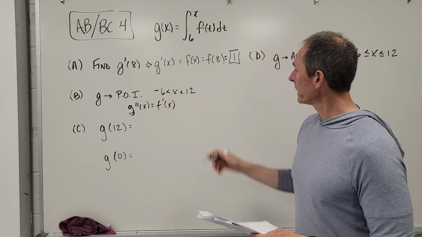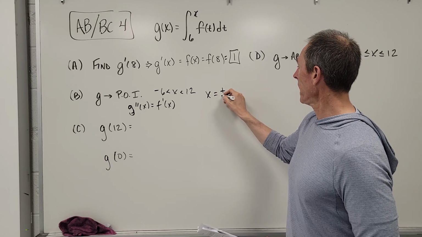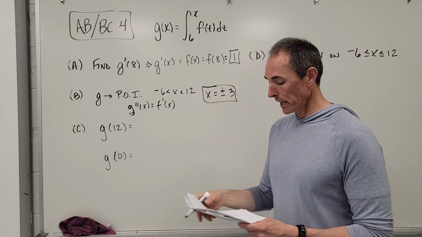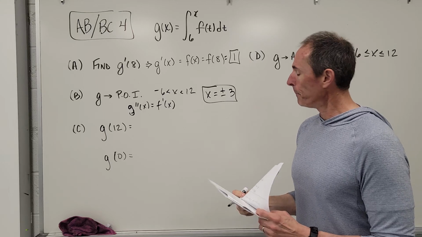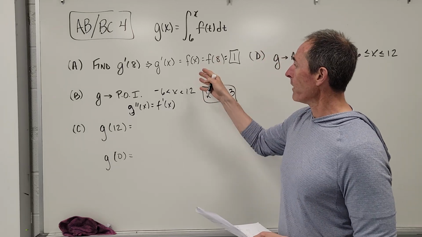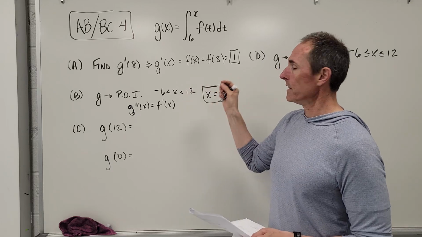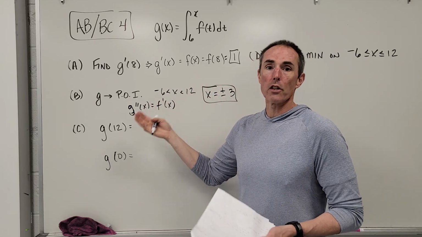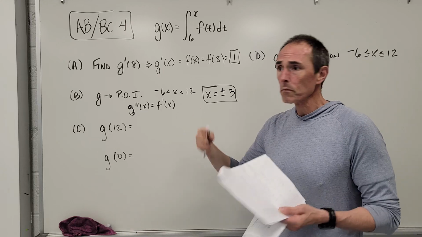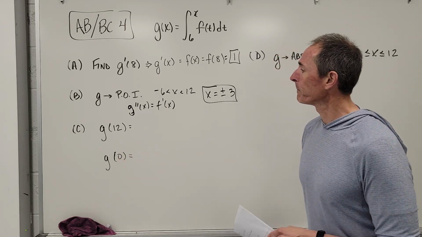On the graph we're only going to see that happen at x equals plus or minus 3. And if we're looking to justify that, we're going to say something like this is where on the graph of f we see the function itself change from decreasing to increasing or vice versa. You can also refer to slopes of tangent lines if you like.